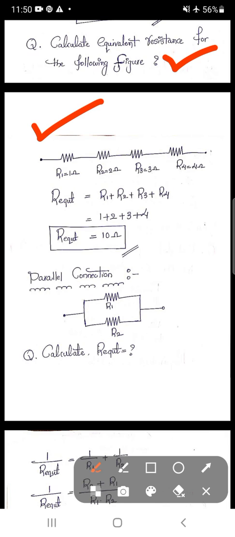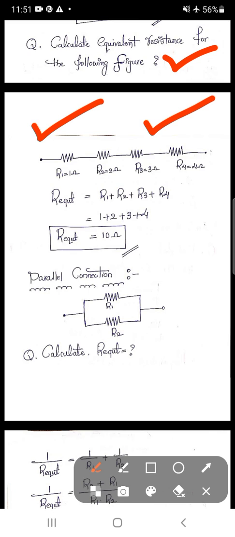It means between R1 and R2 we have one common point, between R2 and R3 we have one common point, and between R3 and R4 we have a common point. With the help of these we can add all these resistances like this, and this type of connection we call a series connection. Our target is to calculate the equivalent resistance for this given figure.